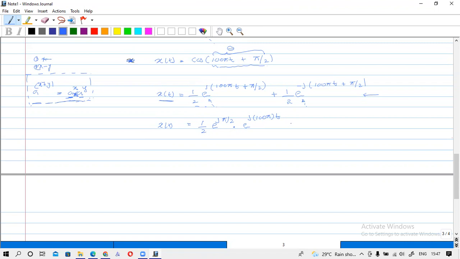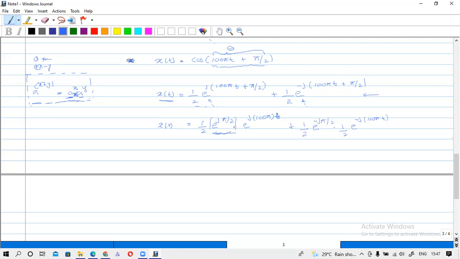In the same manner we can write this other term also. So you can write this as e to the minus j5 by 2 times e to the minus j105t, like this. Can anyone tell me why I write this term in front? Actually, I take this term in front because the other term has t.